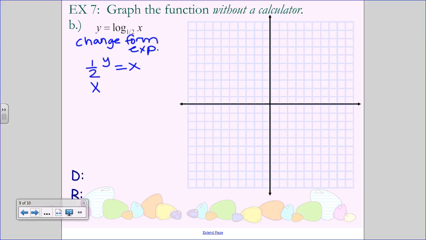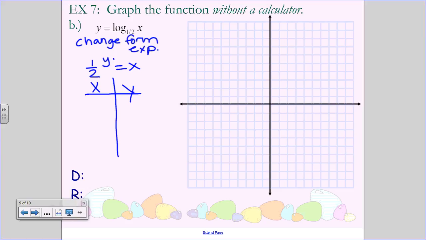Okay, so now we're going to pick our points. Okay. This is where it's a little bit different than what you've done before. All through your math career, you've always picked x's and then plugged them in to find y's. In this situation, it's going to be easier for you to pick y values and plug the y values into this exponent to find what your x value is going to be.